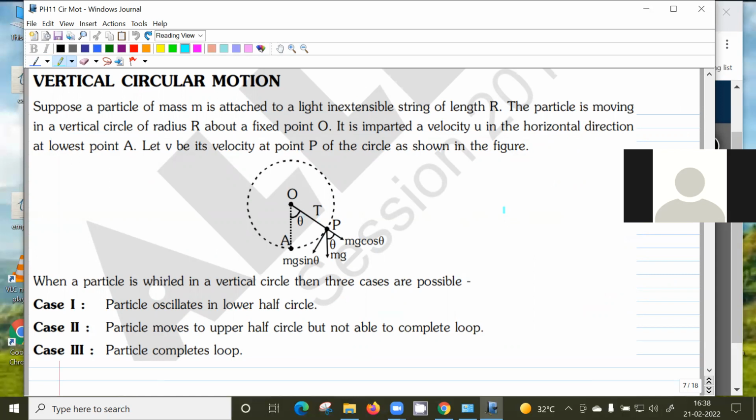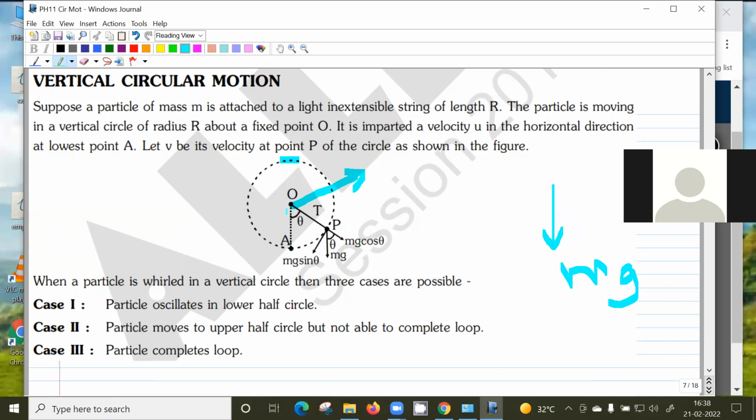Yes, sir. And where is the tension maximum, at the bottommost or topmost? At the topmost, the tension will be minimum. Because weight is always acting downwards, and centrifugal force is mv square by r, in the radial direction.